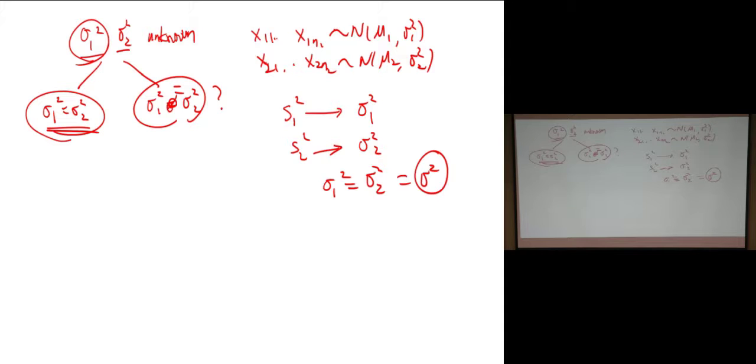Of course, let me give you some more information to help you decide. Suppose N1 is bigger than N2, then which one will you use? Okay, let's say N1 equals 100, N2 equals 30.